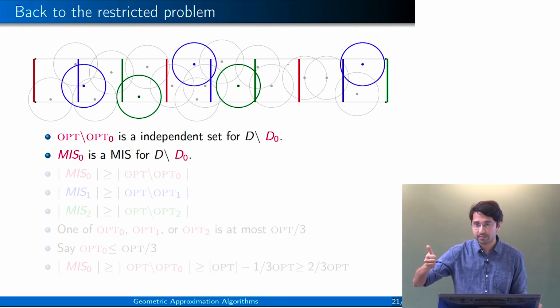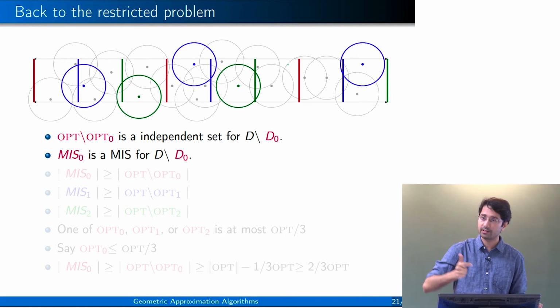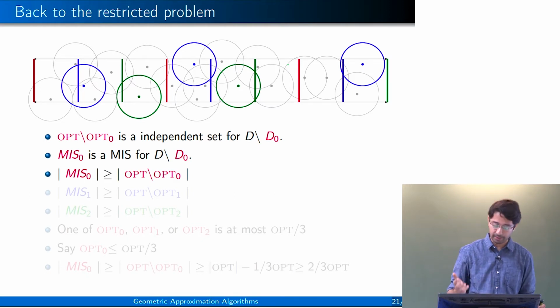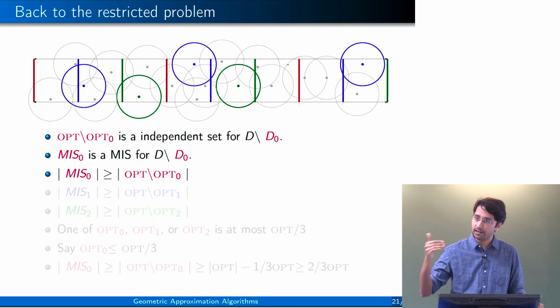What is MIS 0? It is a maximum independent set for D minus D 0. So, what is the relation between MIS 0 and opt minus opt 0? Opt minus opt 0 is one independent set.